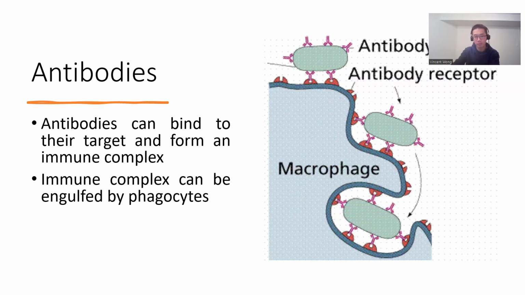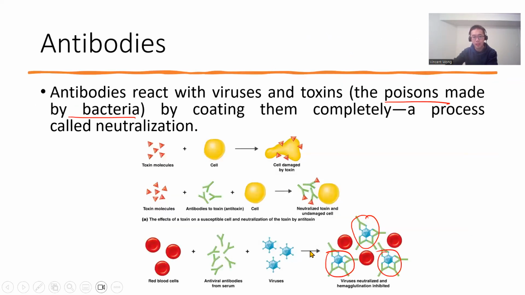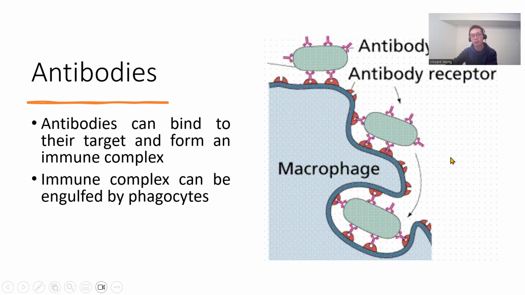Okay, so these green little ovals here, the antibodies are binding to them and it makes them clump together and form these big chunks, and it makes it easier for the macrophage to eat them. Okay, so neutralize toxins, neutralize virus. They form these big chunks, big clumps, and make it easier for phagocytes to eat them.